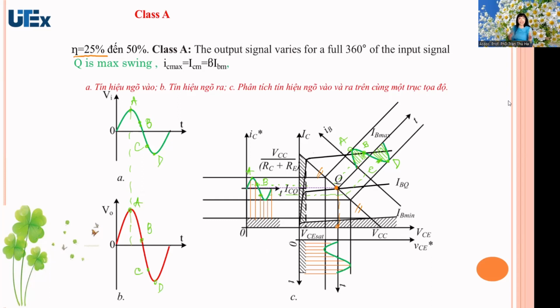We are correct. This is class A. It means the Q point is a cone.